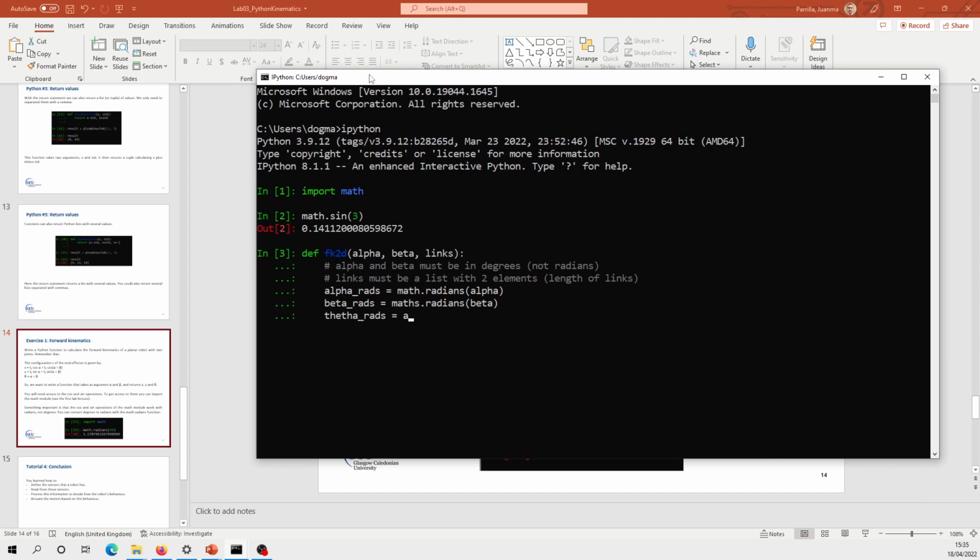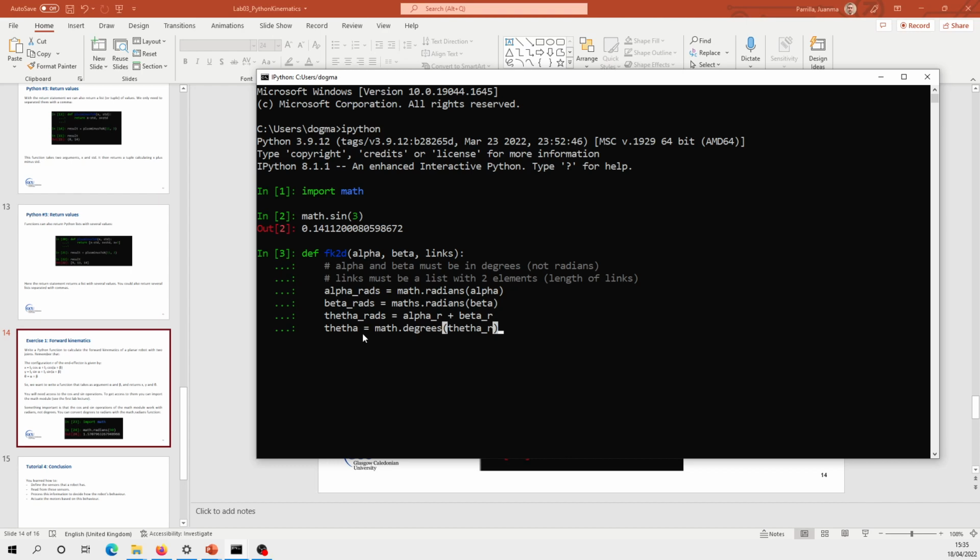So here we do alpha plus beta in radians, so we get theta based on the formula from the slide. And then finally we convert this angle from radians to degrees.